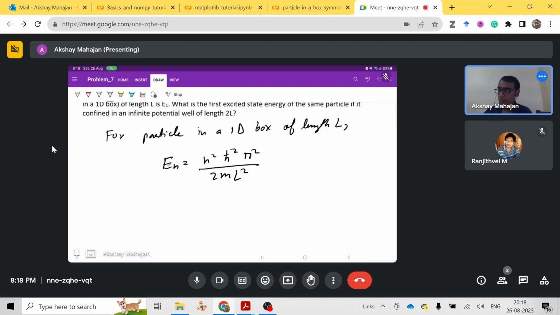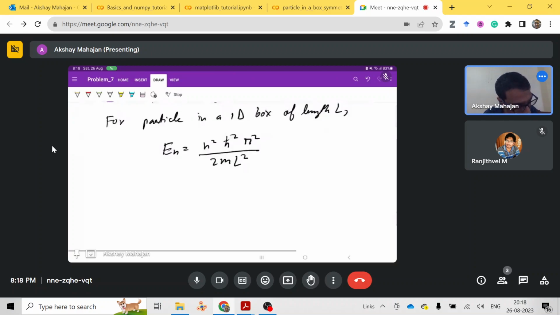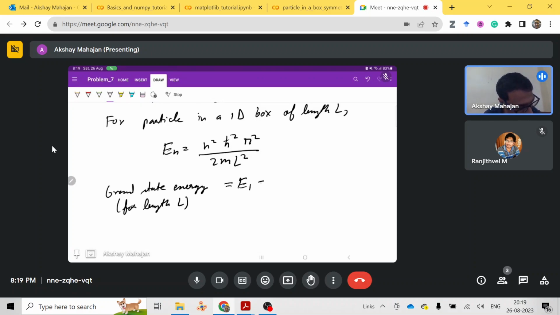Now here it is given that the ground state energy for length L is E1, and that will be for n equals 1, so 1 squared times this.